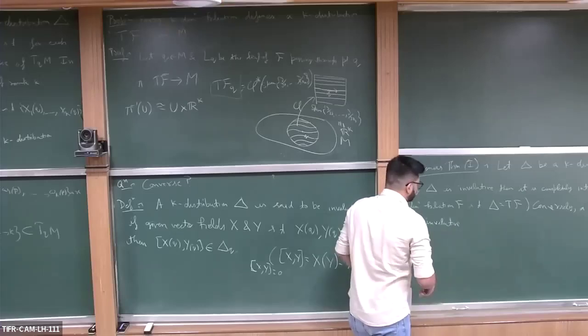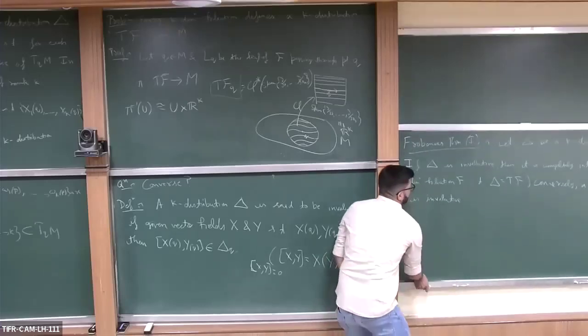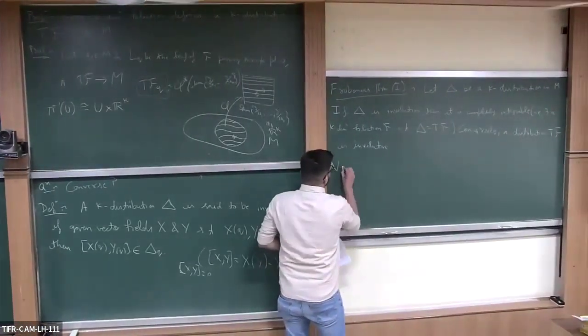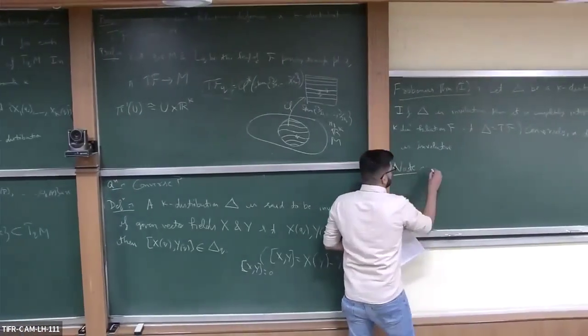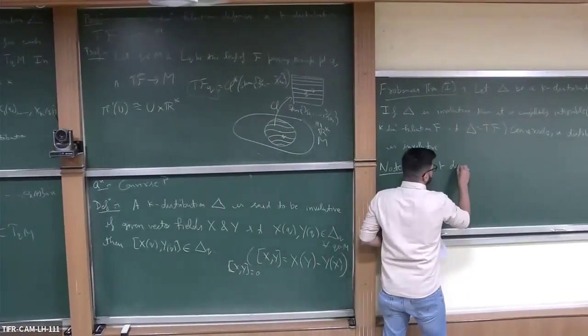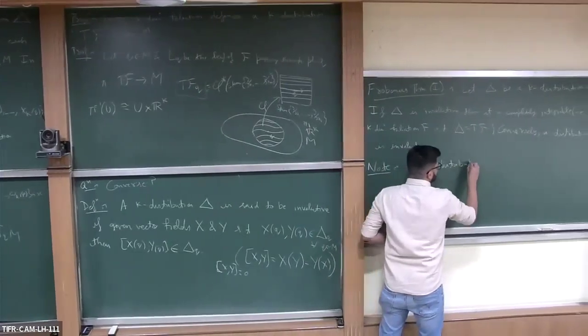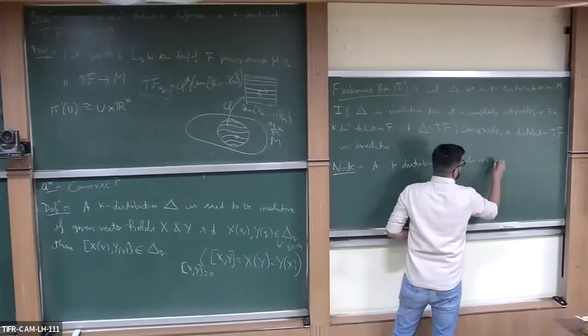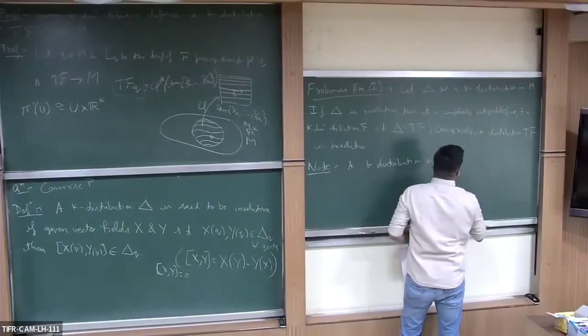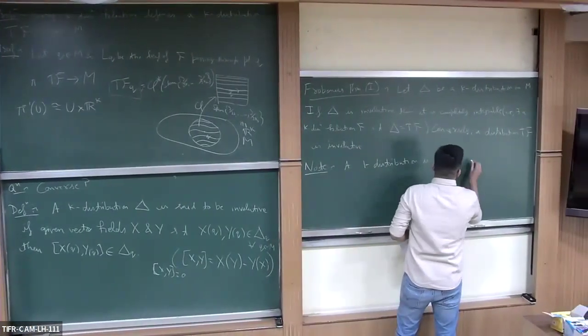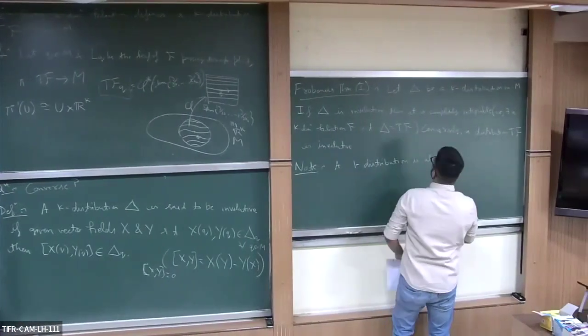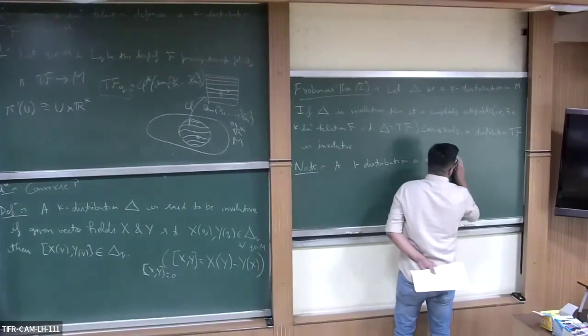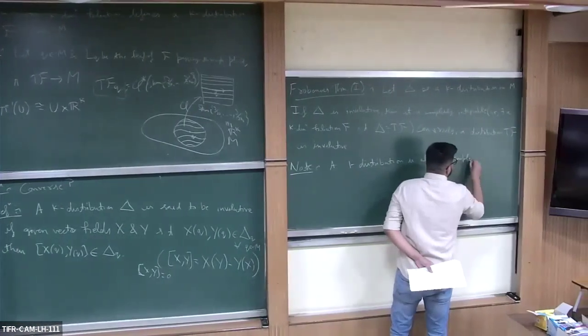Now, note that a one-dimensional distribution is always involutive, always completely integrable.